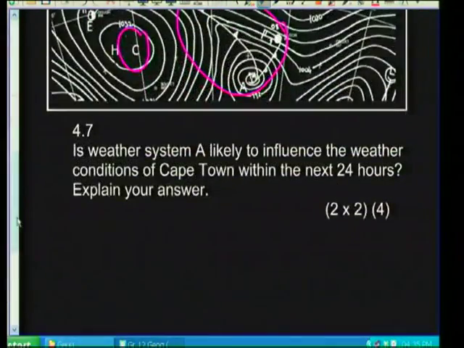All right? Let's look at the next question. This is the one I highlighted already. Is weather system A, notice the lead-on questions also, for you to have identified system A, likely to influence the weather conditions of Cape Town within the next 24 hours? Explain your answer. This question actually tripped quite a few learners, because they always had questions where you say yes, and it's going to hit, the temperature decreases, stronger winds.